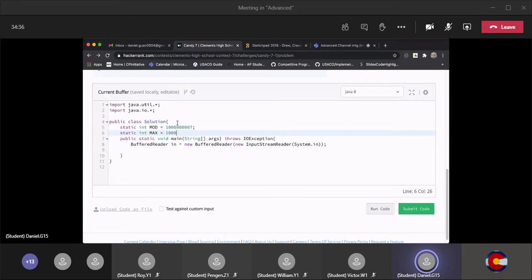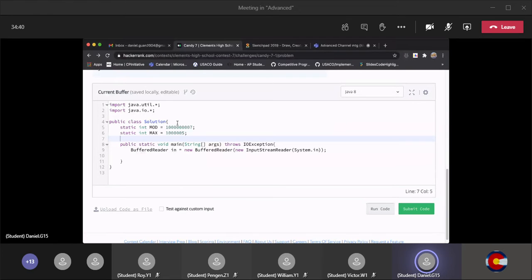Max is the maximum size that n can be. Factorial stores at each index a, a factorial.